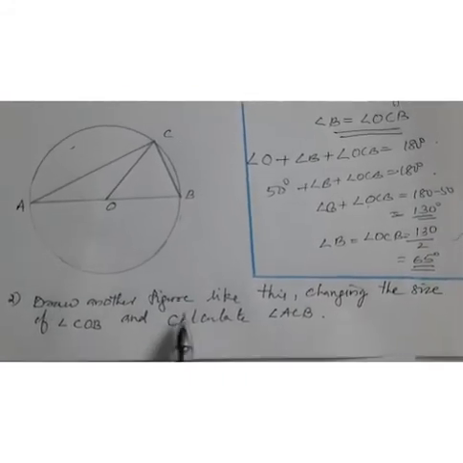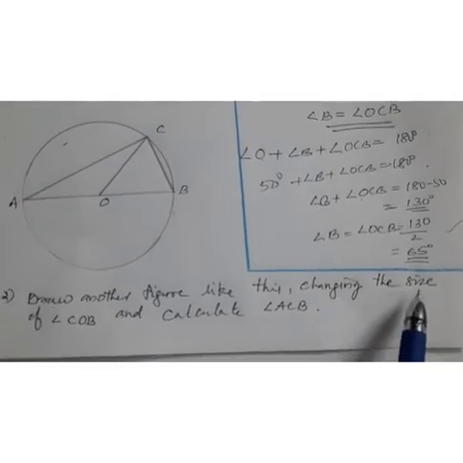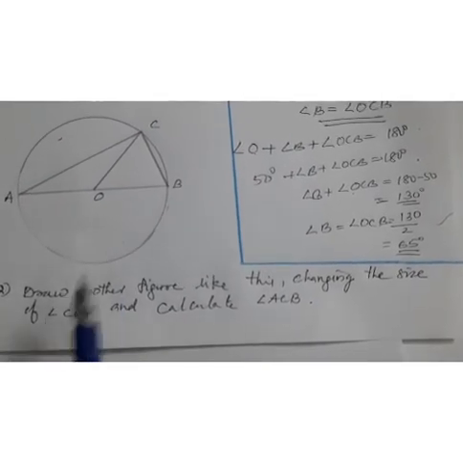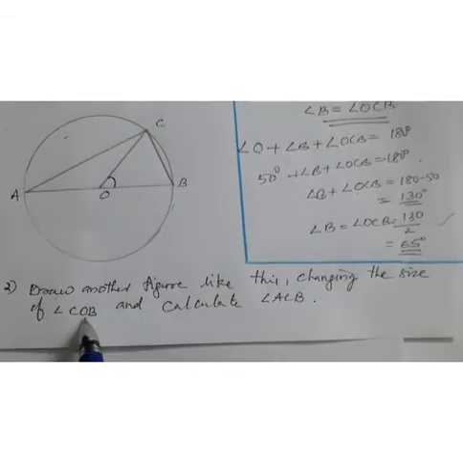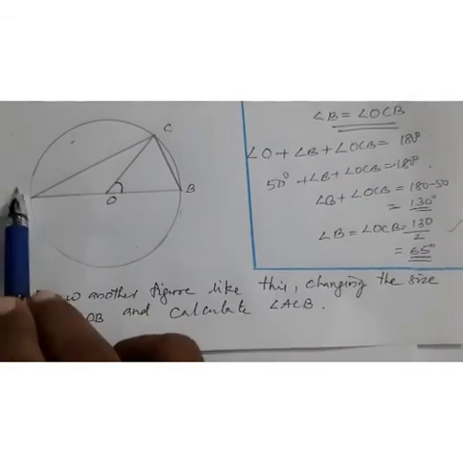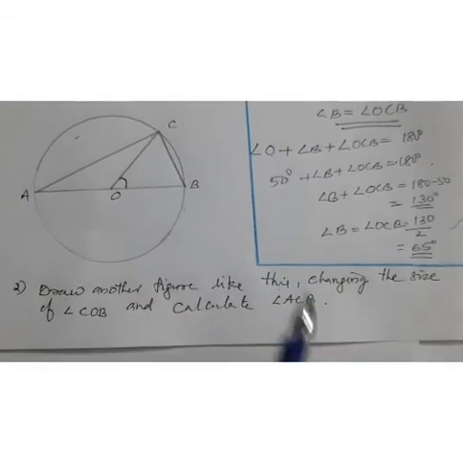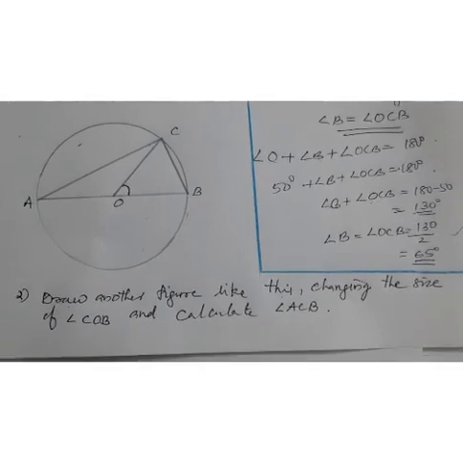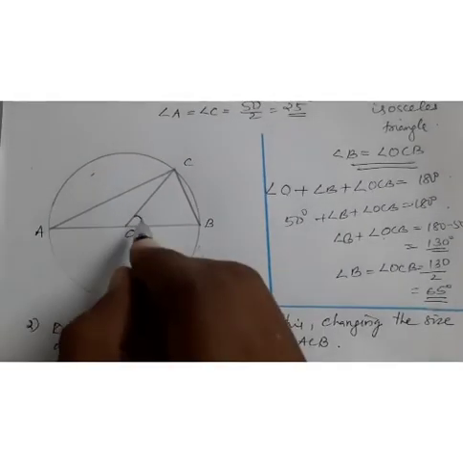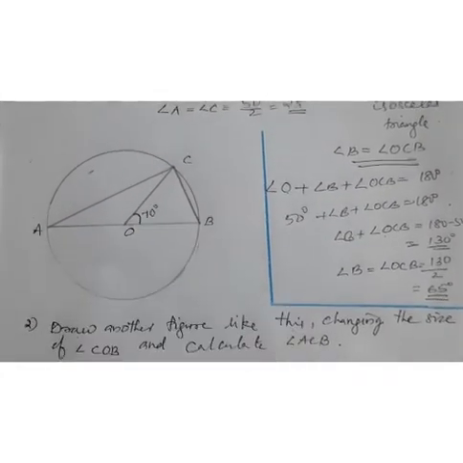Draw another figure like this, changing the size of angle COB. This angle you have to change it and calculate ACB. So directly you can write this is 90 degree. So even if you write here, if it is 70 degree, wrote here.